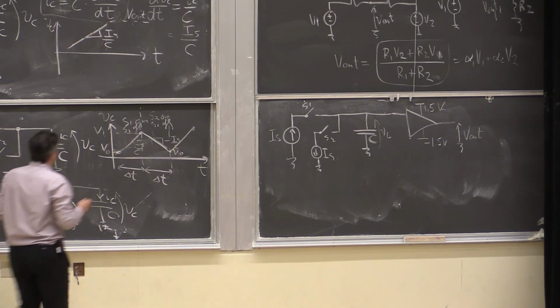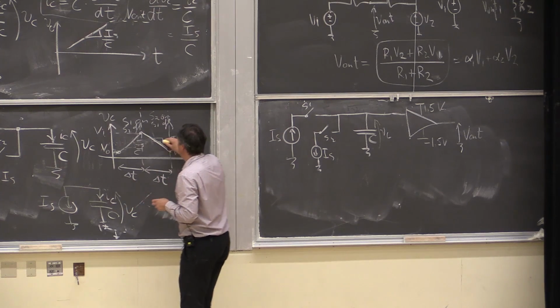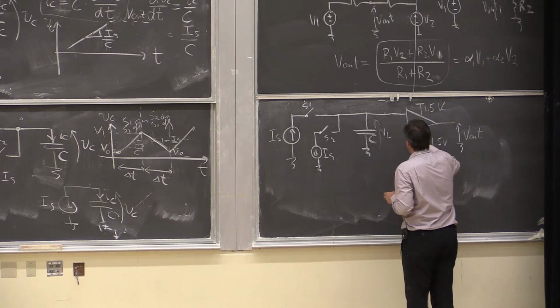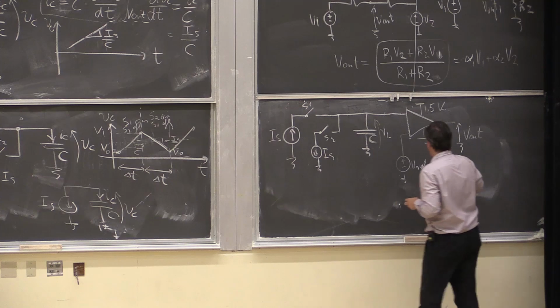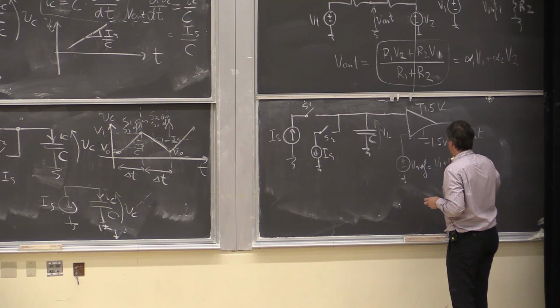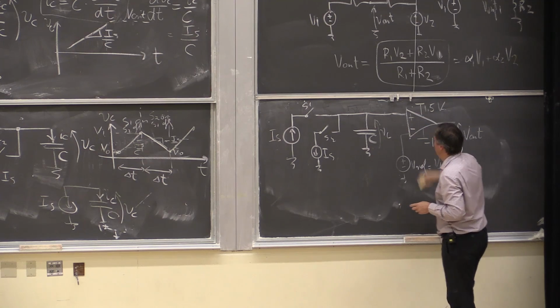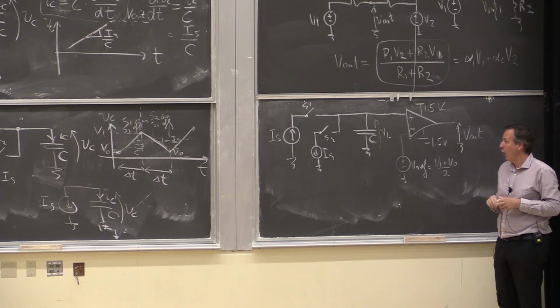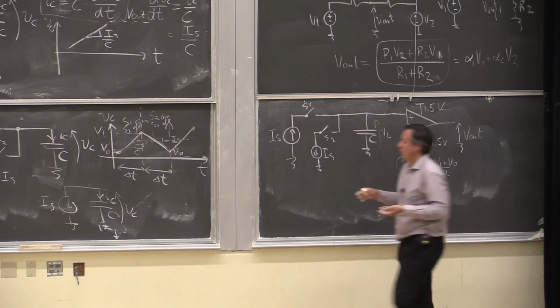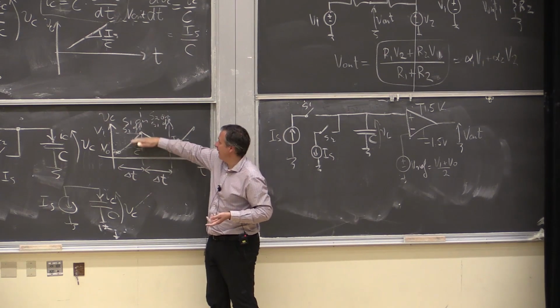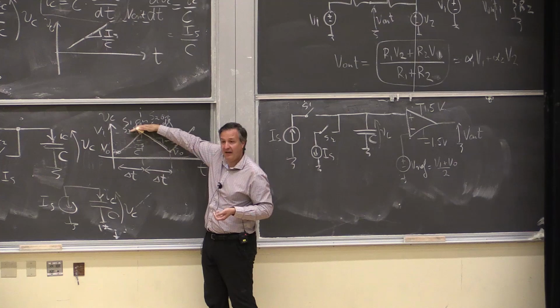Yeah, so one strategy could be, okay, I place it here. In that case, I could have my Vref equals V1 plus V0 over 2. Something like this. And then, indeed, whenever I am above the Vref, I will just generate 1.5 volts.